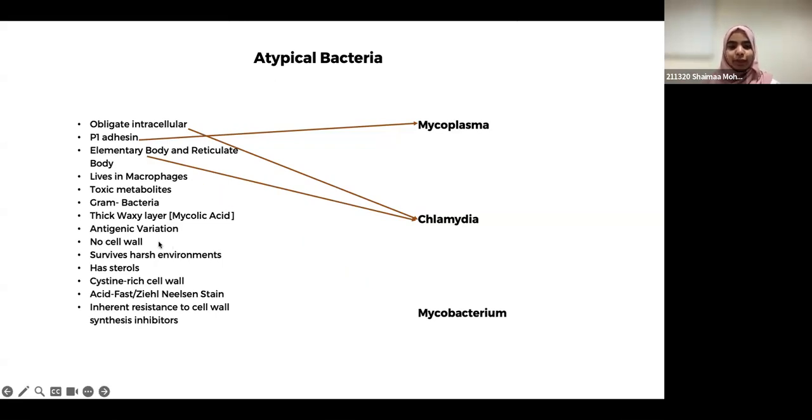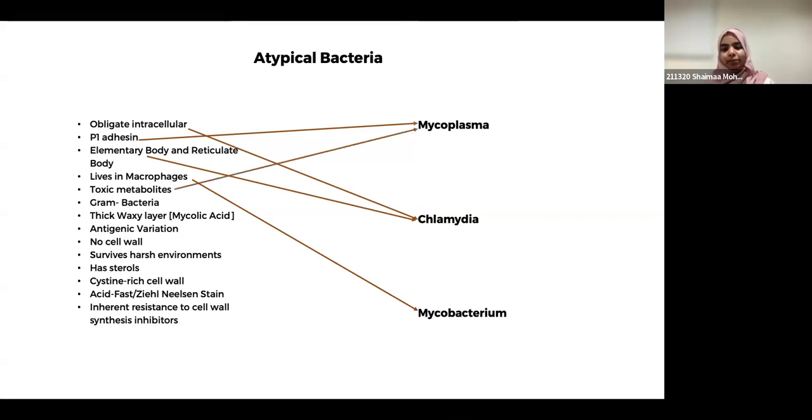Which one lives in macrophages? Mycobacterium. Which one produces toxic metabolites as a virulence factor? Mycoplasma, perfect.